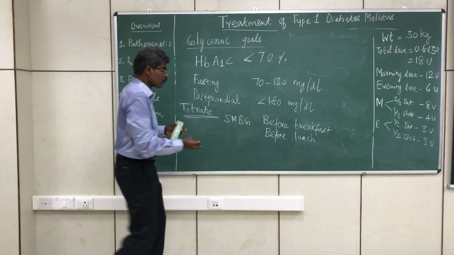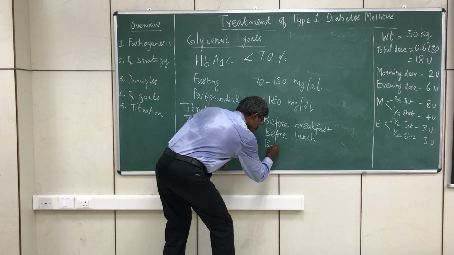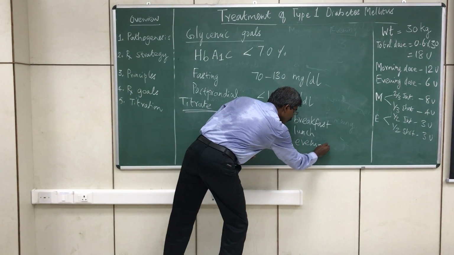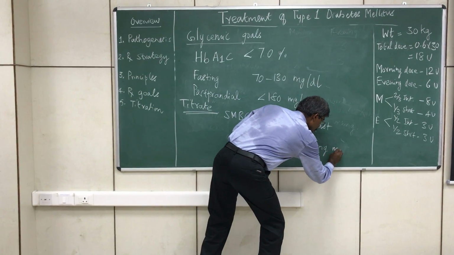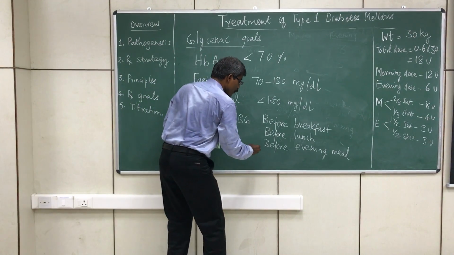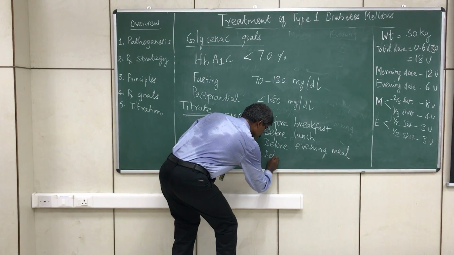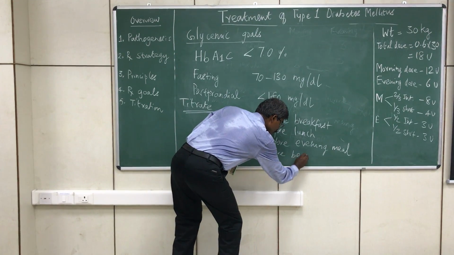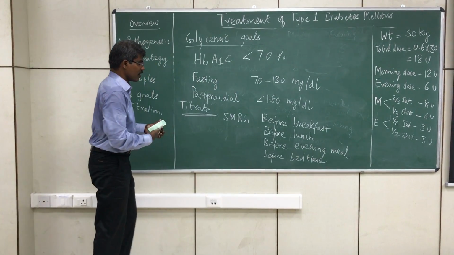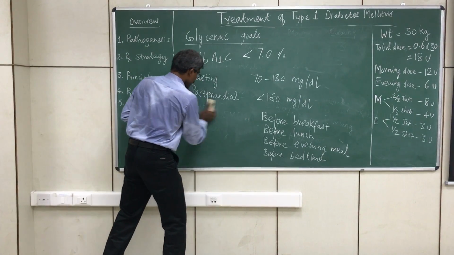What is their blood glucose before evening meal? And finally, what is their blood glucose before bedtime? If you measure these 4 levels, we can very easily titrate.